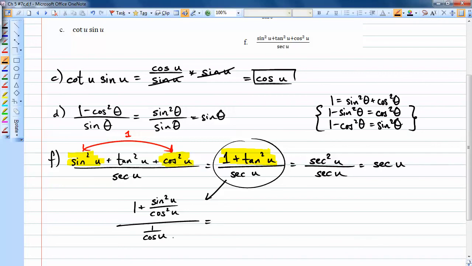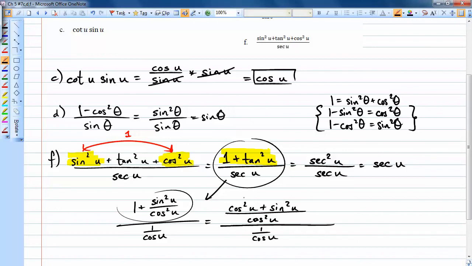So let's get a common denominator here on the numerator. So I'll do cos squared u over cos squared u, and then I'm going to add that to the other part. So this is the numerator, all over 1 over cos u. And then this part right here has to be 1.